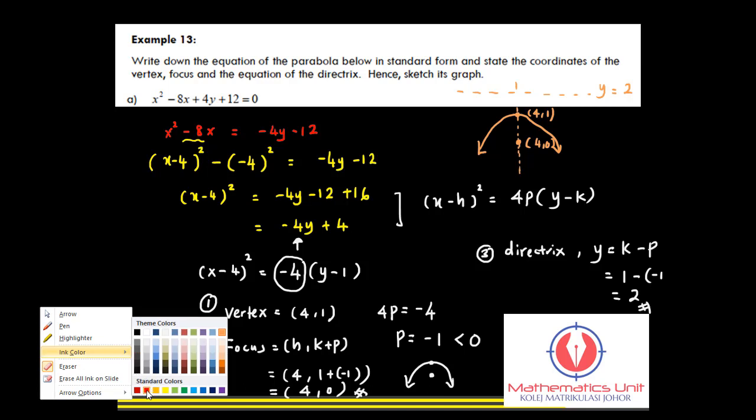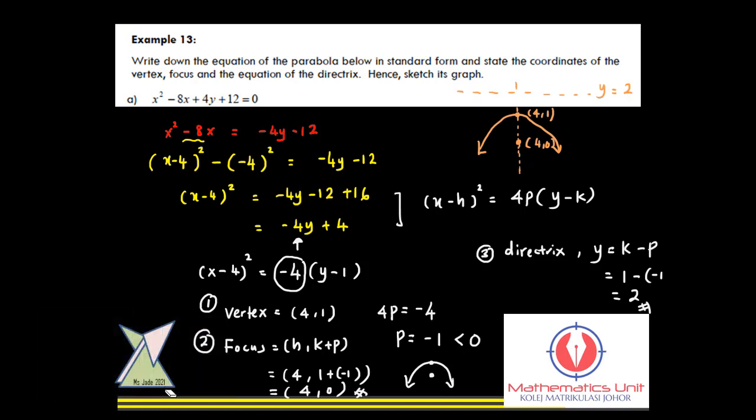And lastly, do not forget to label the x-axis and y-axis. Since just now you already obtained 4, 0, it means in terms of y this is a 0, but in terms of x it will be moving to the left. So maybe it's around here. Yeah, and do not forget to label the x and y. So you get it. It's very simple.